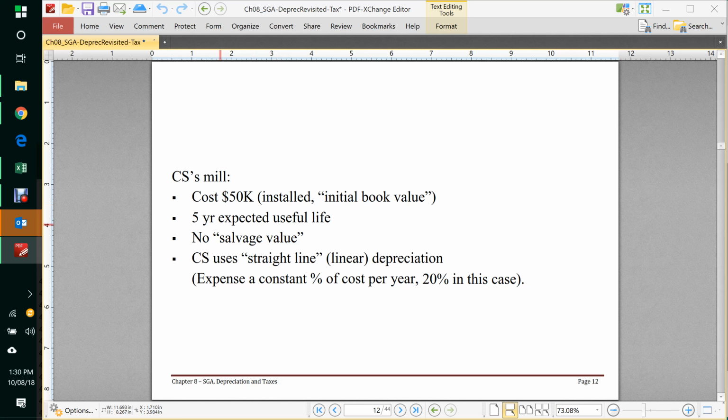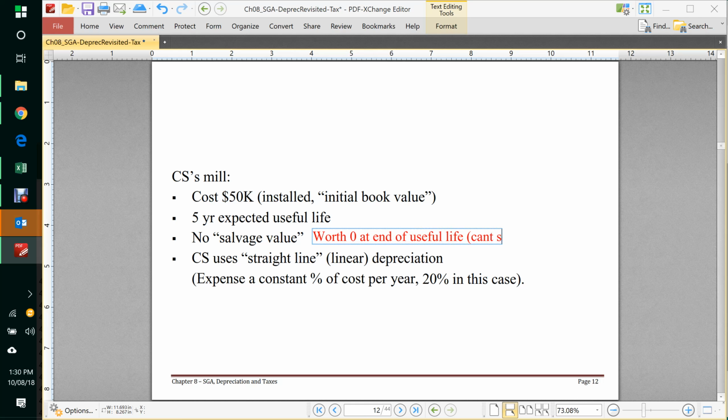They estimate it's got a 5-year expected useful life. And what that means is it's going to be worth zero at the end of useful life. So they can't sell it for anything.